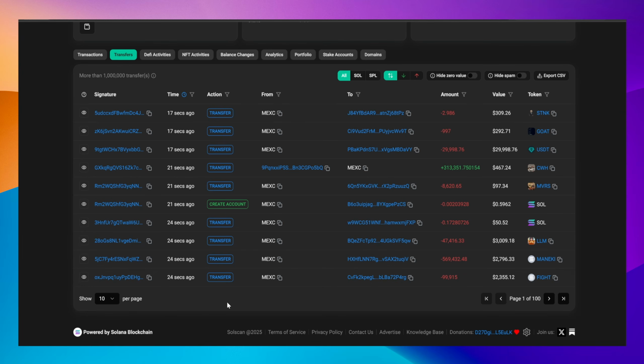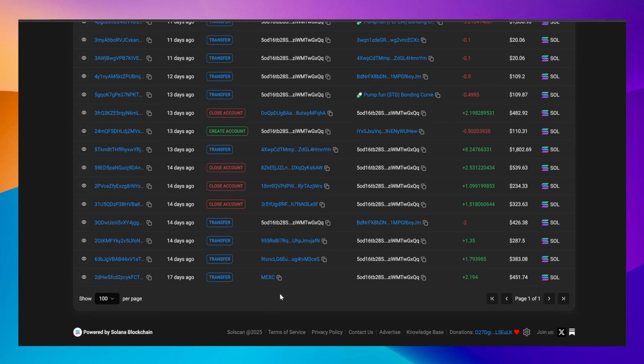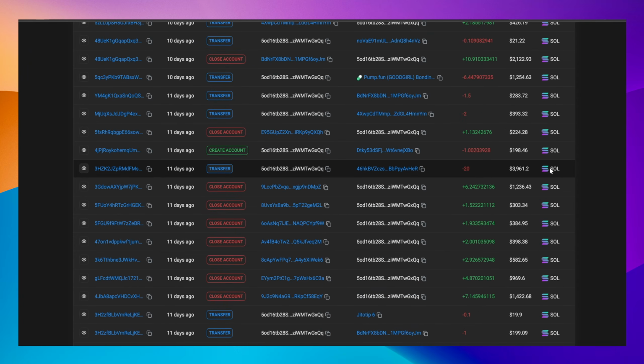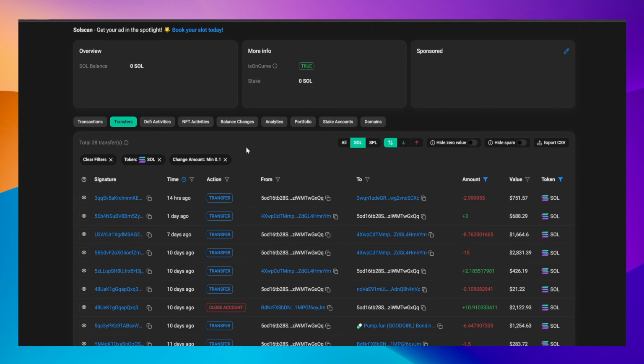That's why most people who are alpha or real insiders are going to be using centralized exchange wallets to fund and retrieve their profits. So long story short, you cannot track down these types of wallets that are being funded by CEX wallets. On the other hand, let's have a look at where this wallet retrieved the profits from.